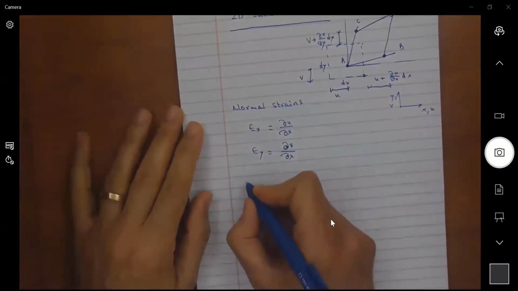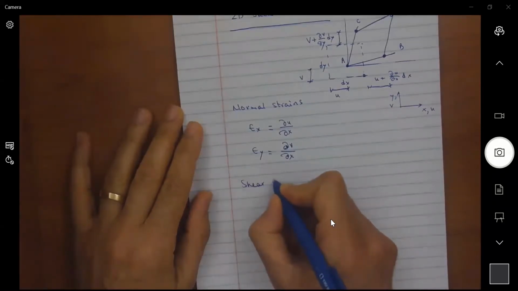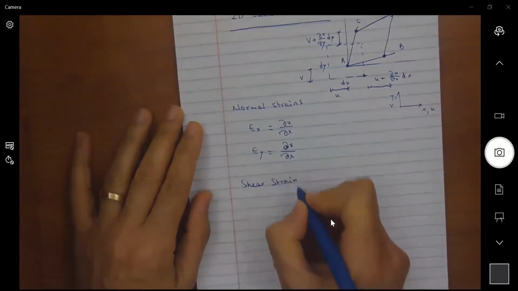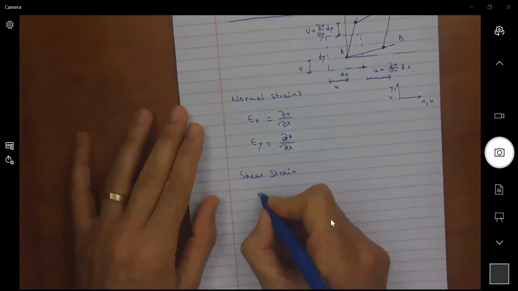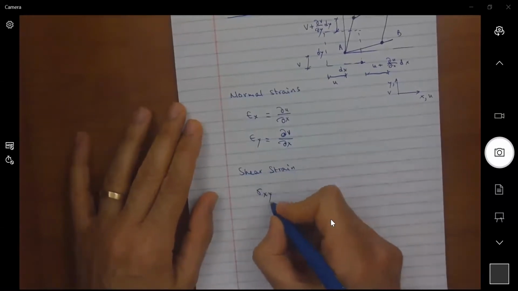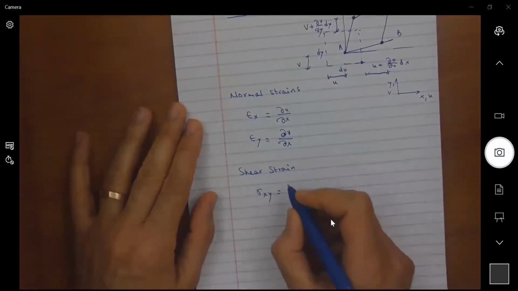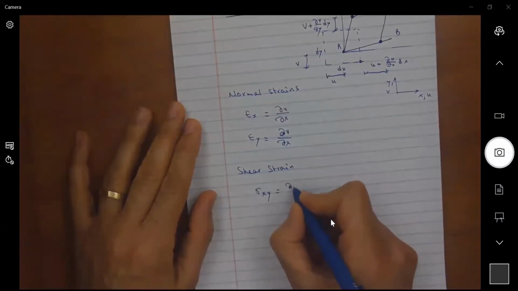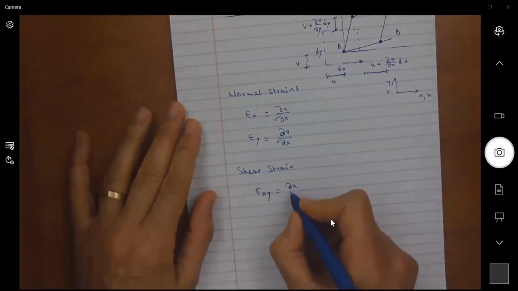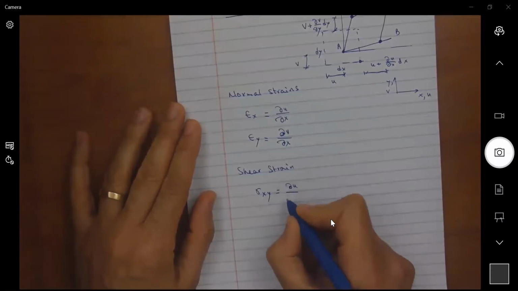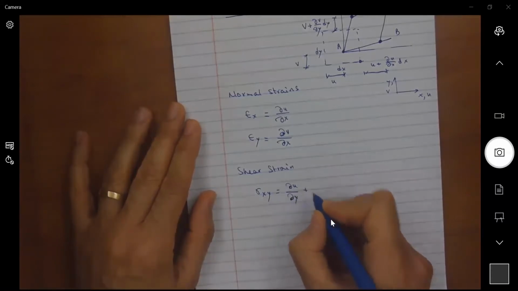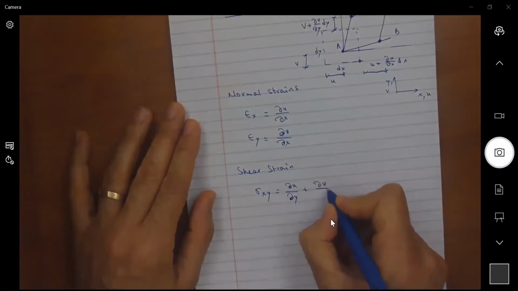And I also have a shear strain gamma xy that is equal to the partial derivative of u with respect to y plus dv with respect to x.